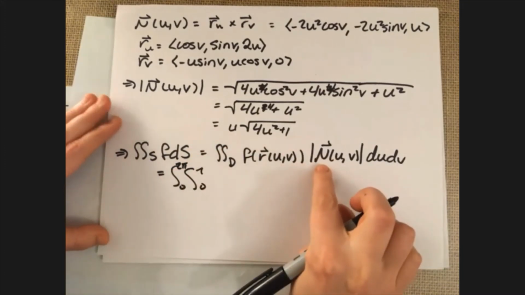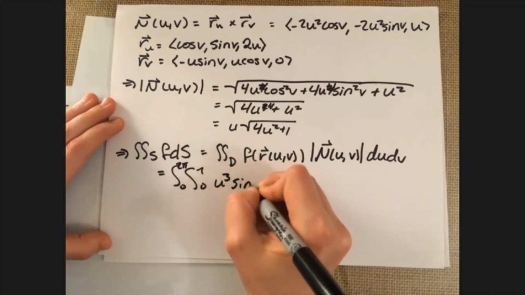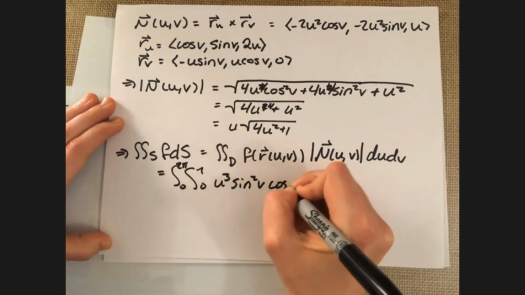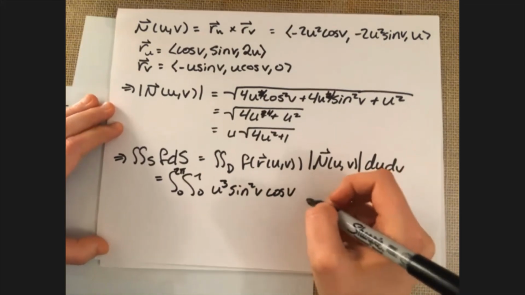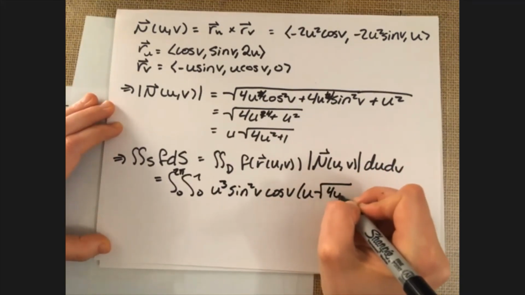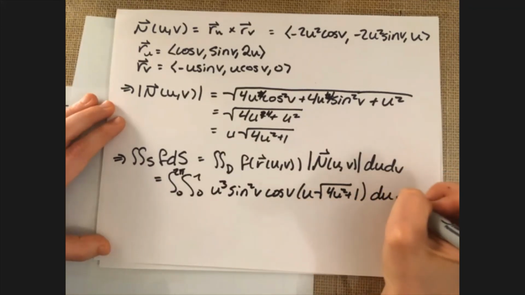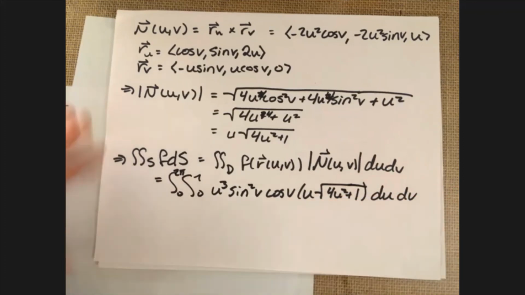And then f of r of u v was u cubed sine squared v cosine v. And then this is going to be times u root 4u squared plus 1 du dv. Oh, and this guy is underneath the square root sign. And yeah, that's pretty much it.